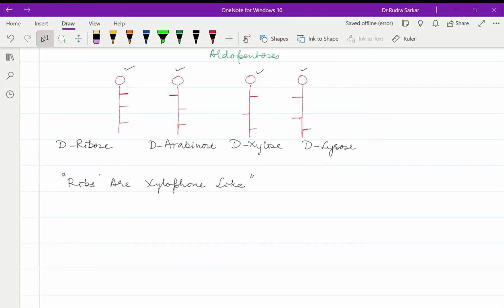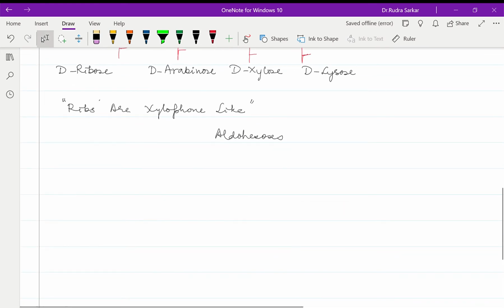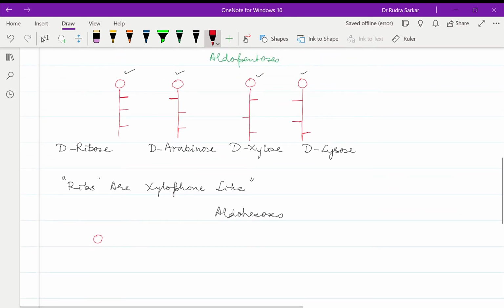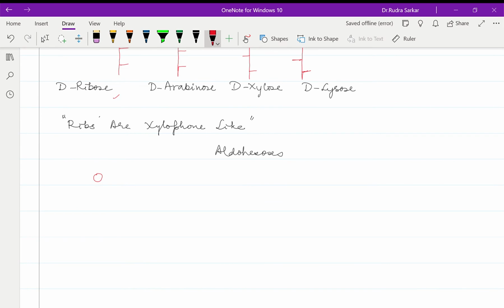So from aldopentoses, now one can go to the aldohexoses, just the method that we have been doing. So we will use the ribose to build the next two hexoses.